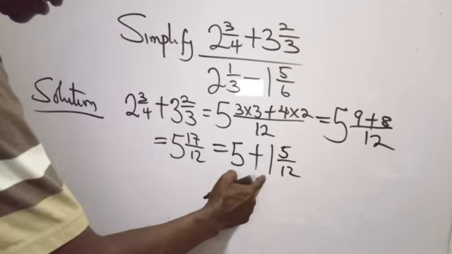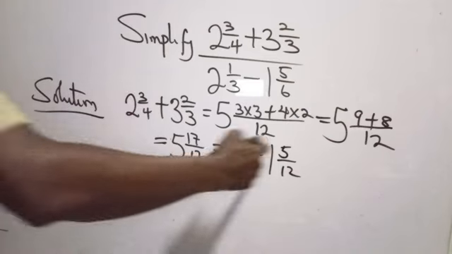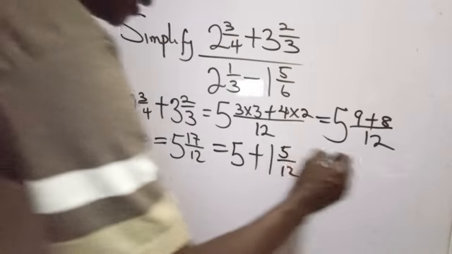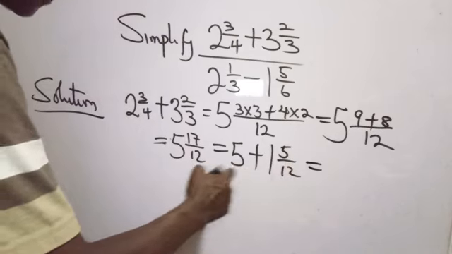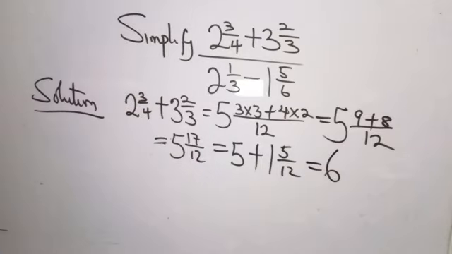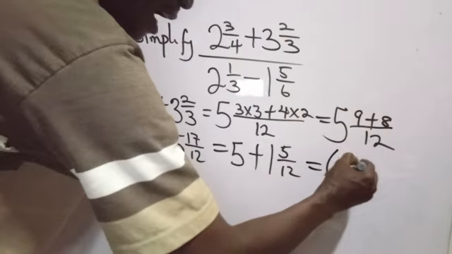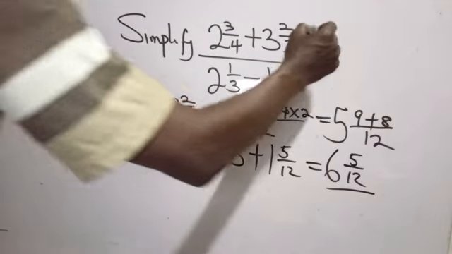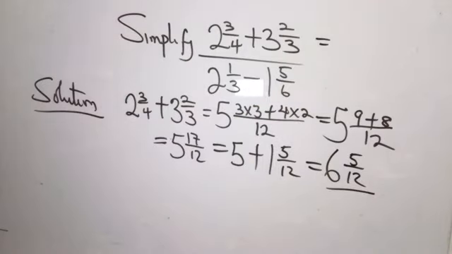If you subtract that 12 from 17, what do you have left? 5 over that 12. So adding the whole numbers, 5 plus 1 is 6, then write 5 over 12. So the answer to this numerator of the fraction is 6 whole number 5 over 12.